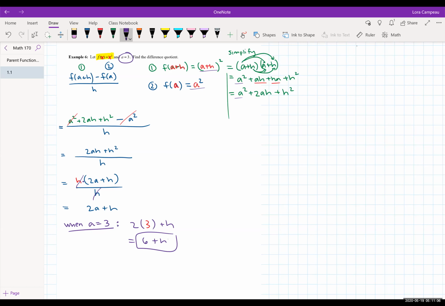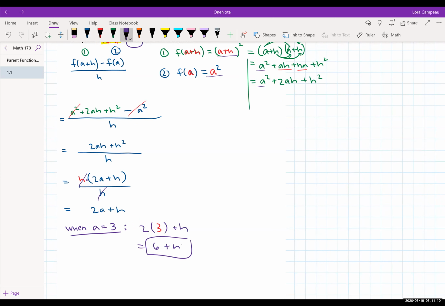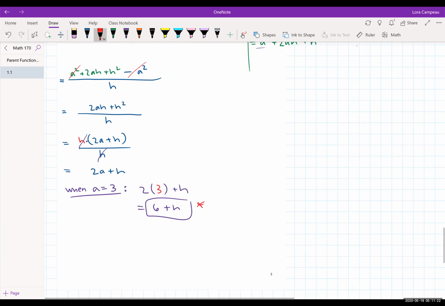So I prefer to work with letters. That's just my preference. And then plug in a at the end when there's less math involved. 2 times 3 is a lot easier to compute than a lot of the FOIL problems. Now, a sneak peek, a little bit closer down the line, we're going to ask what happens when h gets closer to 0. So stay tuned for that.